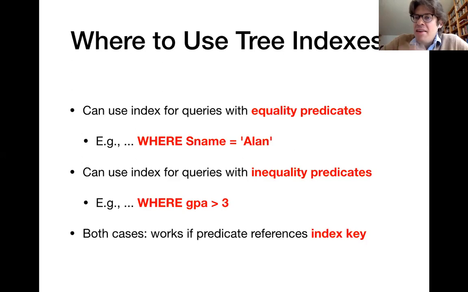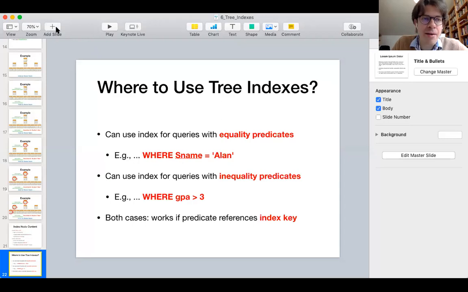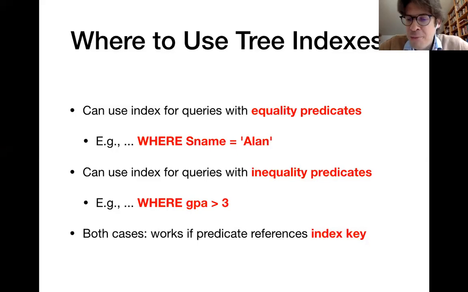For instance, if I have an index by the GPA column, then I could use one of those indexes in order to quite efficiently retrieve those entries with a GPA greater than 3. We're gonna see in more detail how retrieval works in those cases in the following. Now, in any case, this works if the predicate that you have in your query references the index search key.